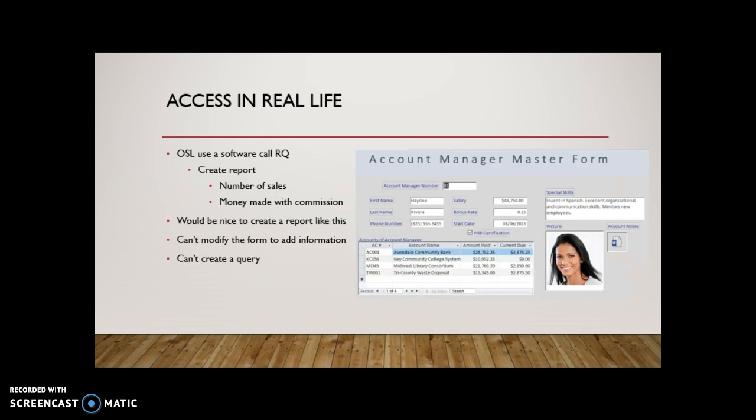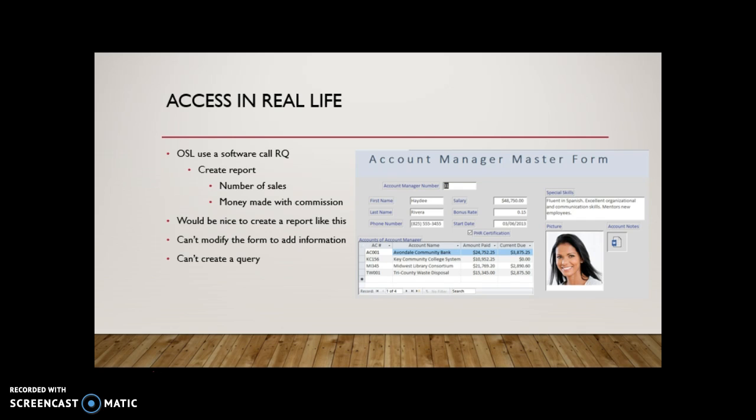How is Access used in real life? In real life, OSL uses a software called RQ. It is used to create reports, like the number of sales that we've done or the money made with commission. For example, if I sell 2 cell phones, I'll make $20 and then I'll just click on create a report and I'll see myself compared to every other seller.